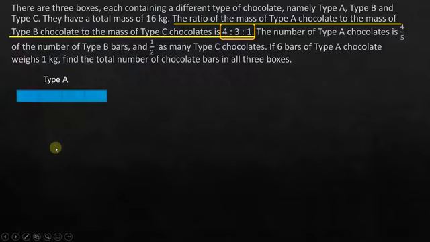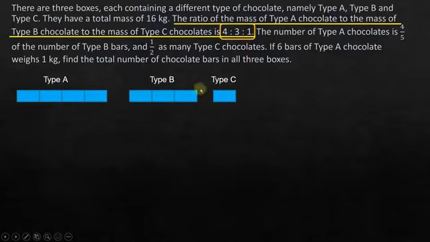Type A, we represent with 4 units because it's 4. Type B is 3 units. And type C is 1 unit. So this is how we represent the ratio. And these units are of the same size, right? The units shown here for the three quantities are of the same size.